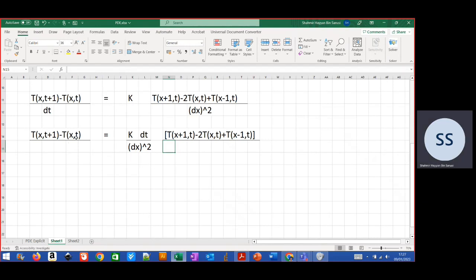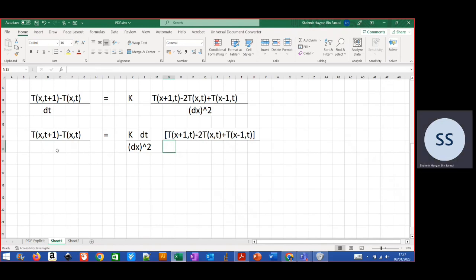If you look at the left-hand side, we have the terms of t plus 1 and t, and on the right-hand side, the second coordinate is only t.